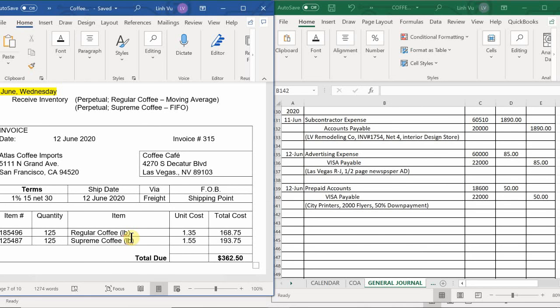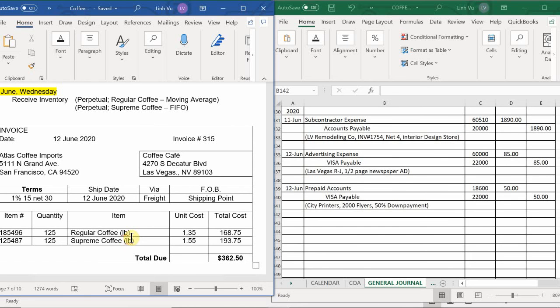Now, what kind of inventory did I purchase? Perpetual moving average. Good. We bought the regular coffee, which we're going to treat as perpetual moving average, and then our supreme coffee, which is going to be our perpetual FIFO.